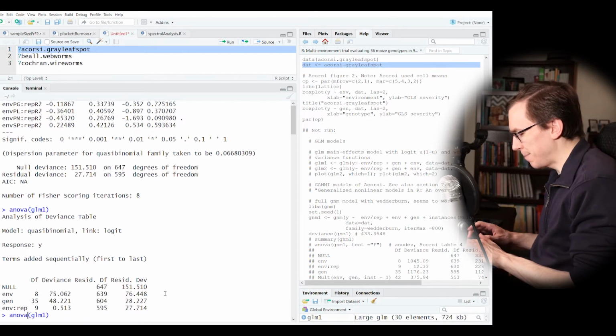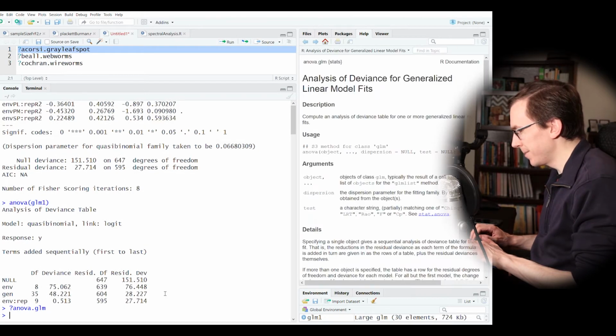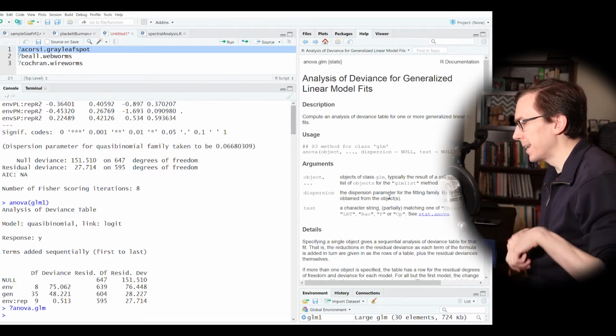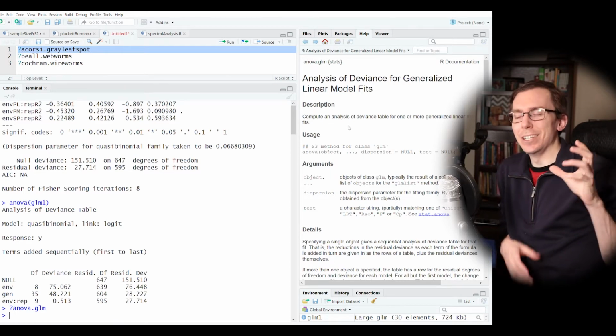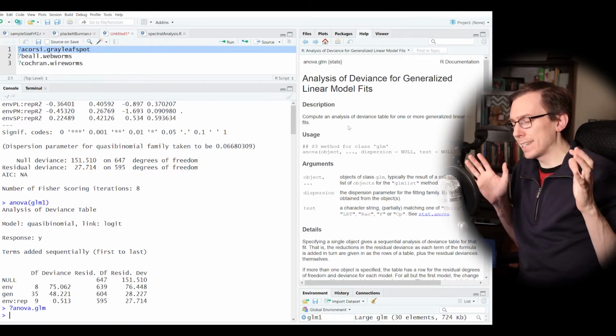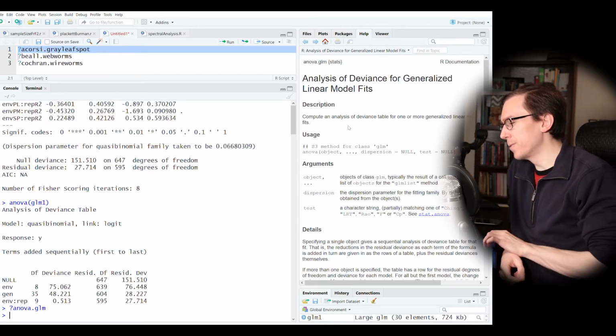So I think if we type in ANOVA.g, all right, we'll get there. Maybe not. I'm pretty sure there was an ANOVA GLM. Okay, it didn't want to autocomplete for me, but if you type ANOVA.glm, remember, because ANOVA itself is just a generic function that will apply to lots of different fitted models in R. If I say ANOVA.glm, I'm saying, tell me what happens for GLM.